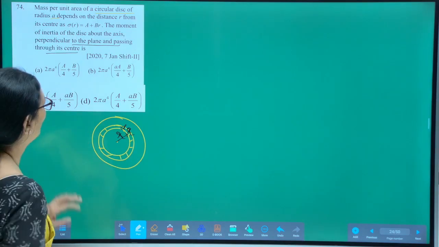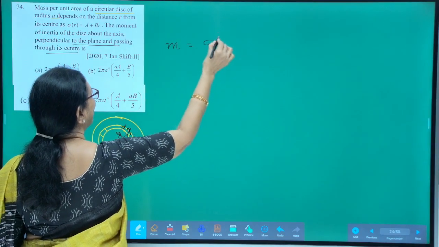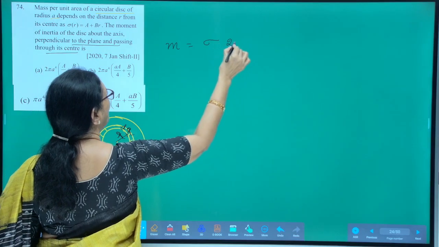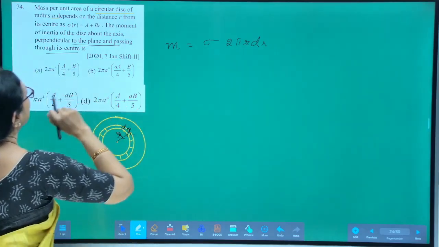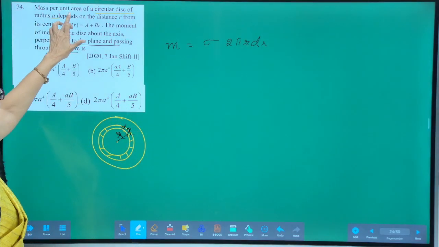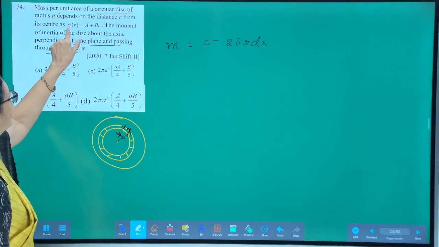Okay. Now, mass is equal to sigma into 2 pi r dr, because here mass per unit area is given as sigma.